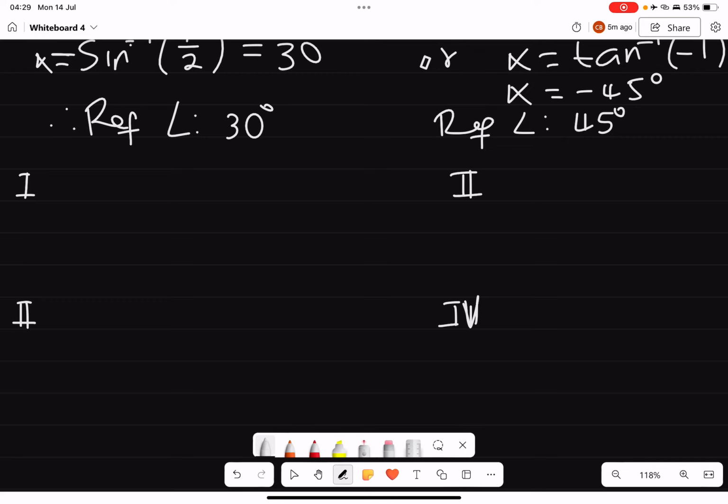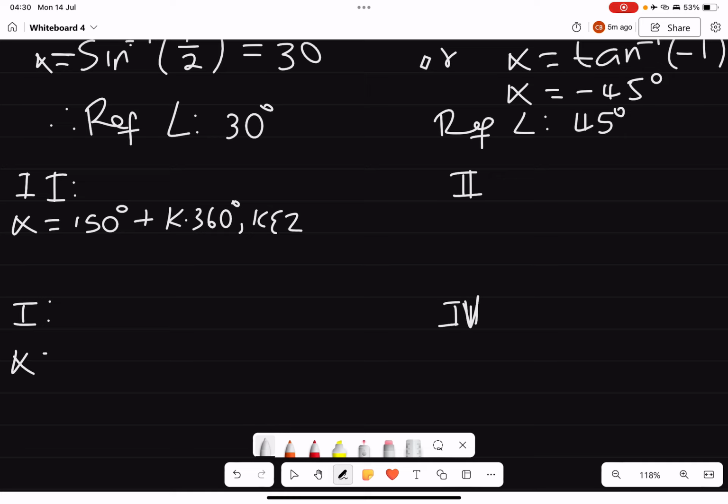Now, the solution in the second quadrant would be alpha equals 180 minus the reference angle, which is 150 degrees plus k times 360 degrees, where k is an element of the integers. In the first quadrant, the solution would just be alpha equals the reference angle, 30 degrees plus k times 360 degrees.